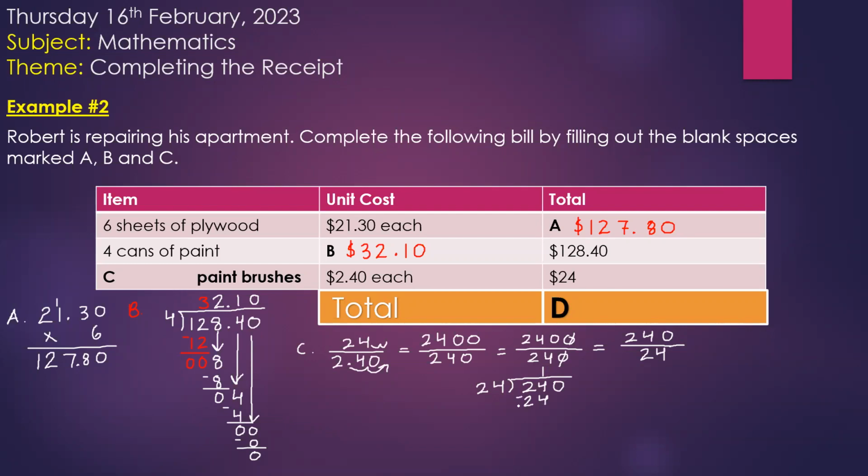So 24 minus 24 is 0. Bring down the 0. How many times does 24 go into 0? 0. 0 minus 0 is 0. So the correct answer is definitely 10.